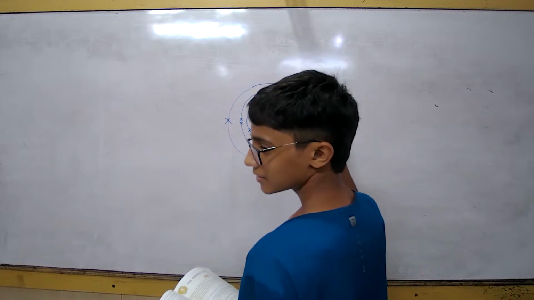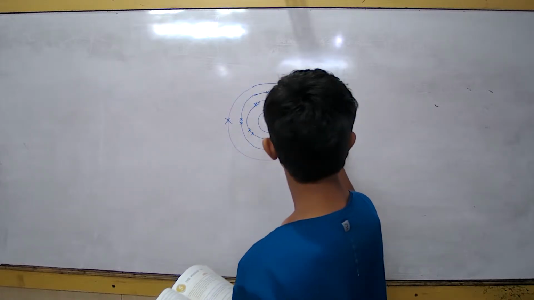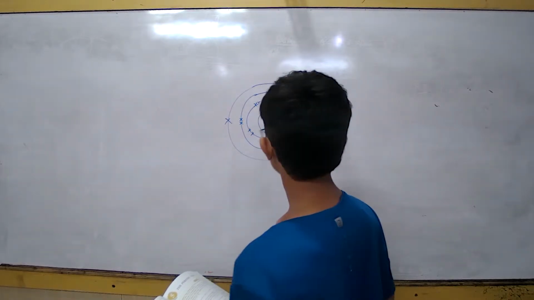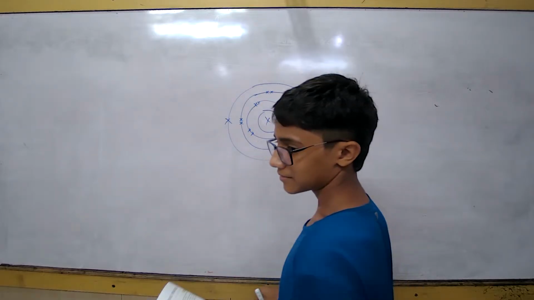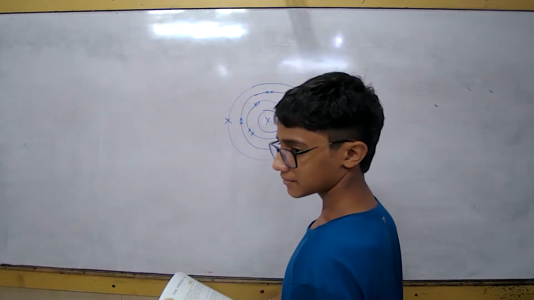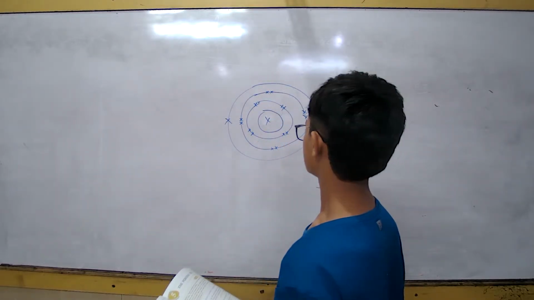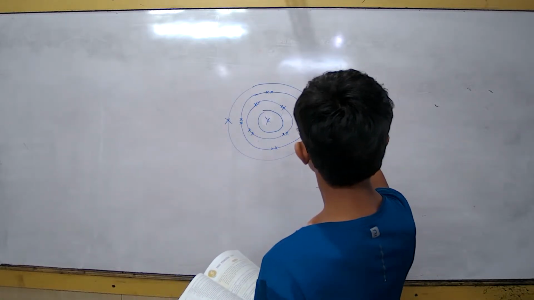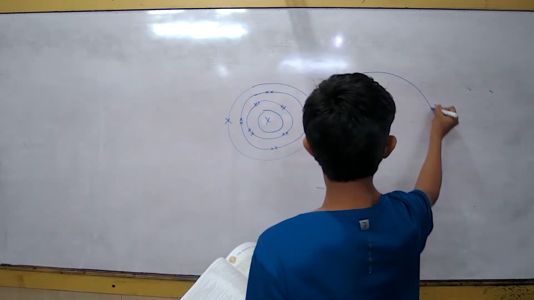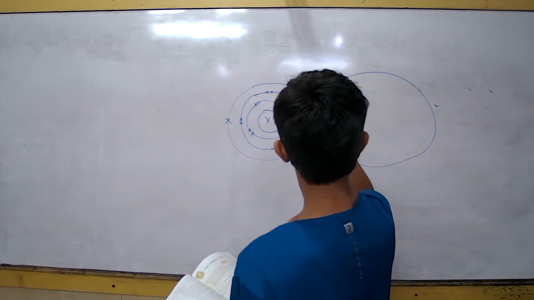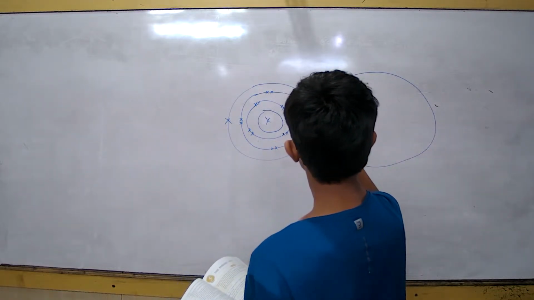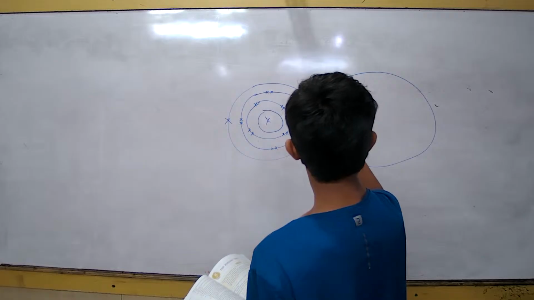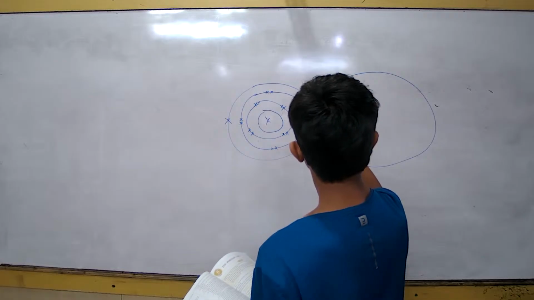So wait, K, L, N, okay, 12, okay, fine. And it forms a bond with an element Y which has 7 electrons in the third orbit.